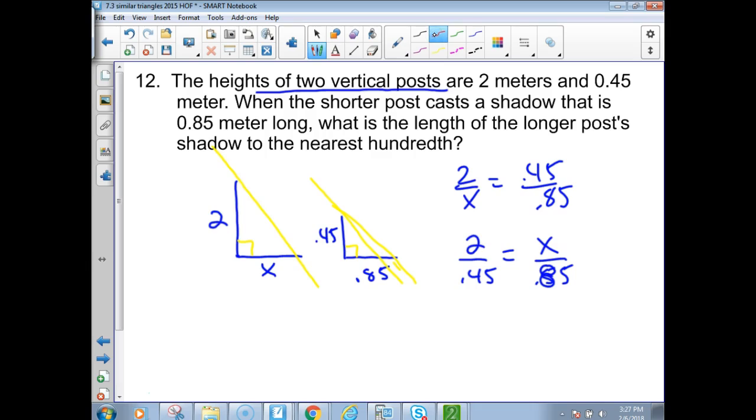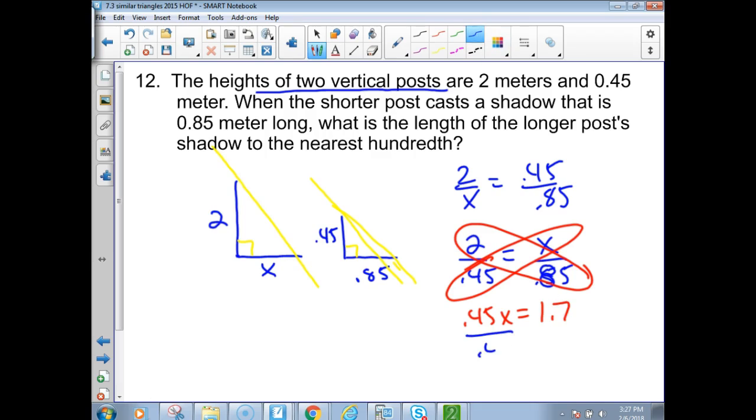The whole thing that matters is that your proportion is set up correctly as long as the same thing's across as I have. Or that the cross products are 0.45x equals 2 times 0.85, which is 1.7. And then you have to divide by 0.45. It's something icky, isn't it?